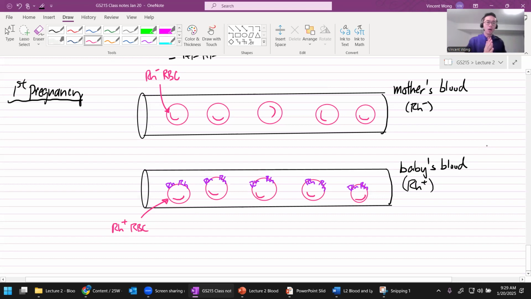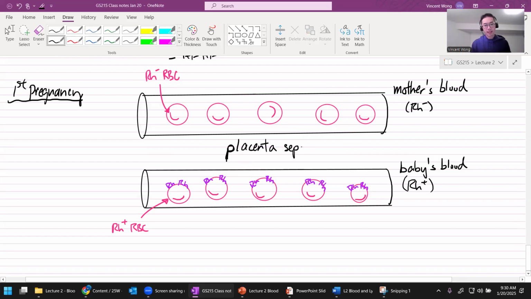So what prevents the mother's blood and the baby's blood from mixing with each other? What is the thing that separates the mother and the baby? Anybody? Starts with a P. That's right, the placenta.